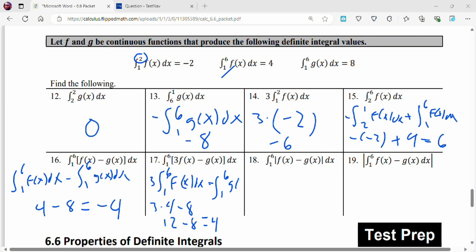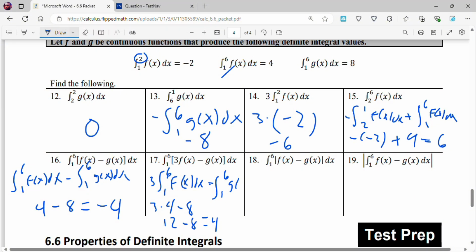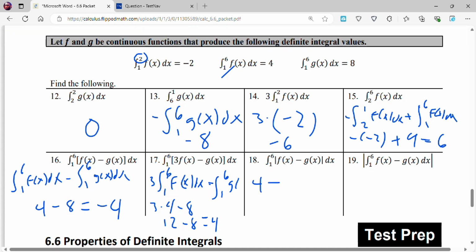Now, for the next question, you might be tempted to say that, okay, sure, let's find the integral from 1 to 6 of f of x minus g of x. So f of x would be 4. Drawing tool works. 4, and then minus g of x, which is 8, absolute value, which is 4.